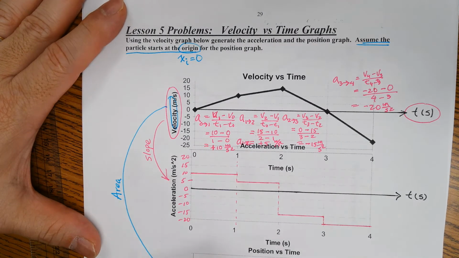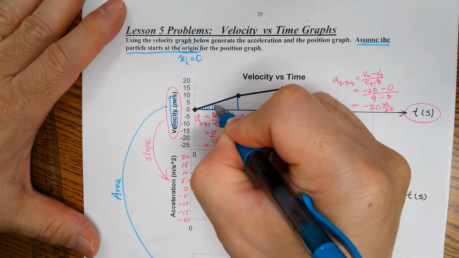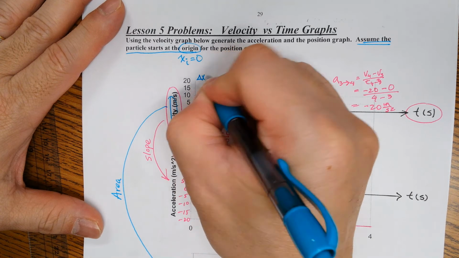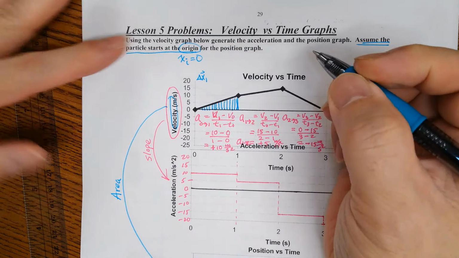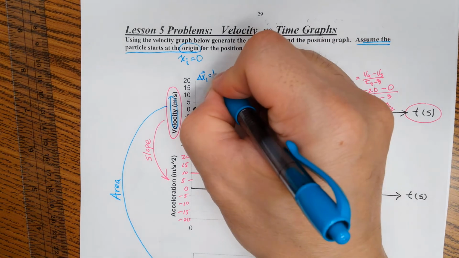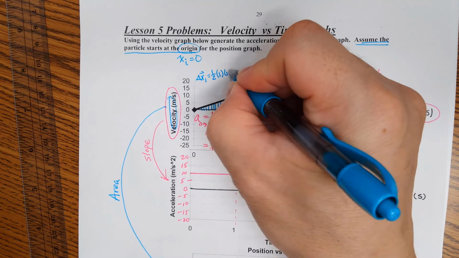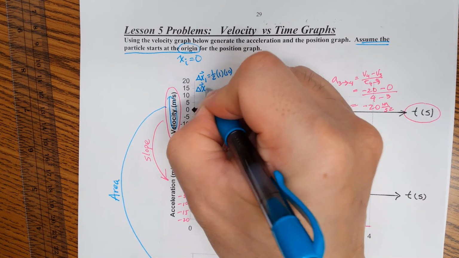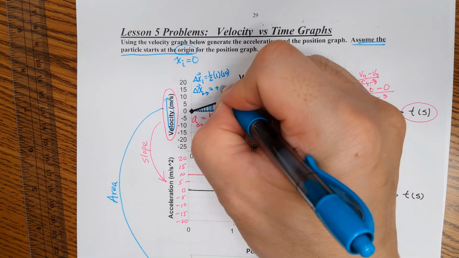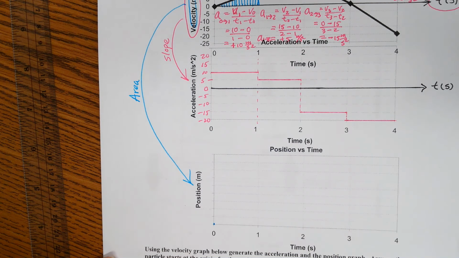And now to find the area of this right here, which represents my delta x1. My delta x from 0 to 1 is 1/2 base, which is 1, times height, which is 10. So my delta x from 0 to 1 is equal to positive 5 meters. So I start here, and I'm going to go 5 meters.